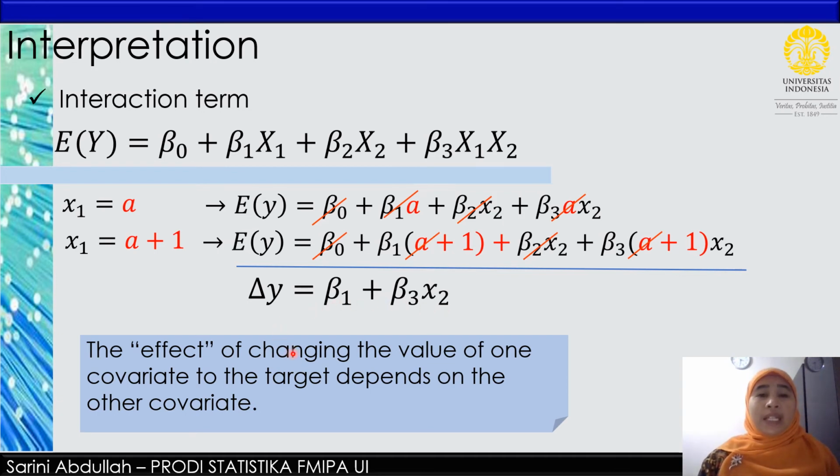So in this case, we cannot just interpret beta 1 separately or beta 2 separately, because there is an interaction between x1 and x2. So their effect on the value of y depends on the value of the other covariates.